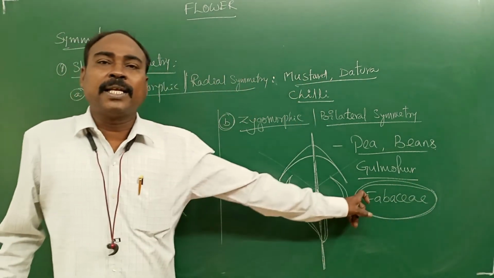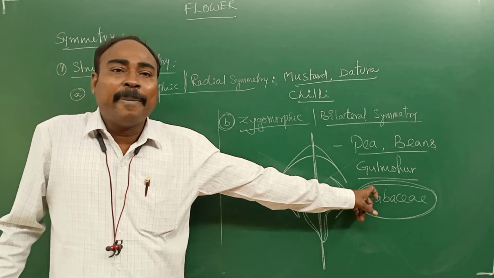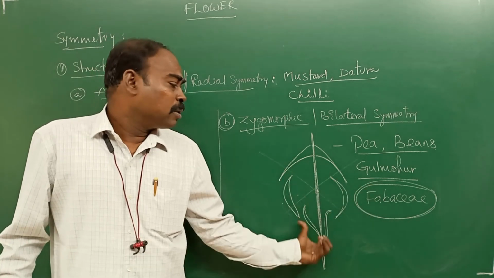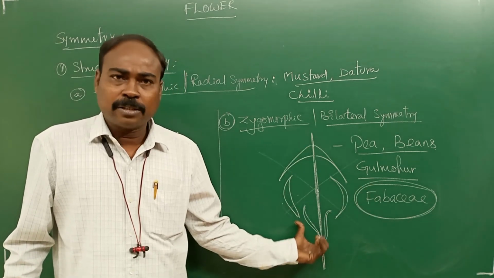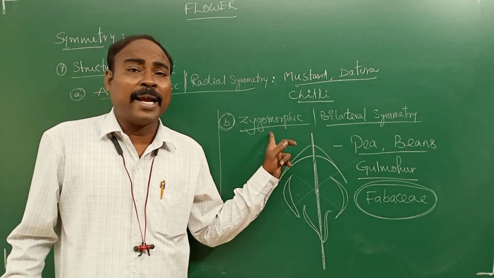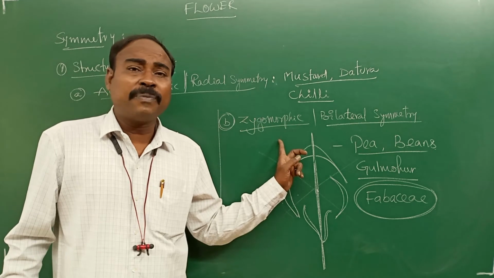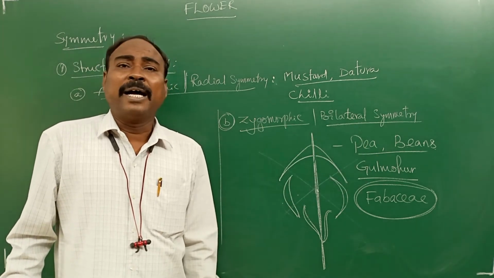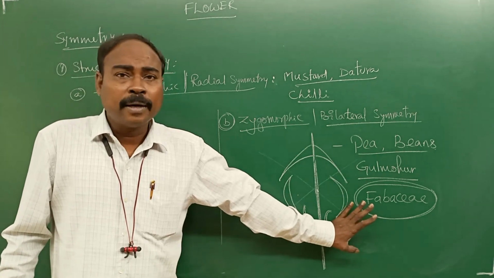Fabaceae is otherwise called Leguminosae, right? So Fabaceae flowers have such an arrangement, which gives two equal halves in only one vertical plane. Such flowers are called zygomorphic flowers. The symmetry is bilateral symmetry. Okay, are you clear?